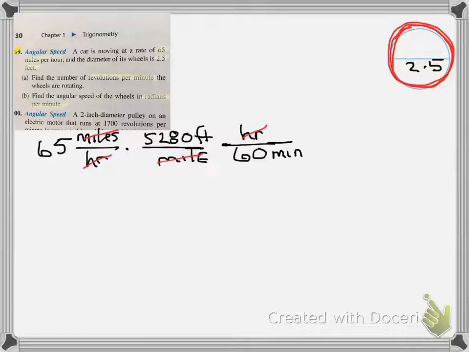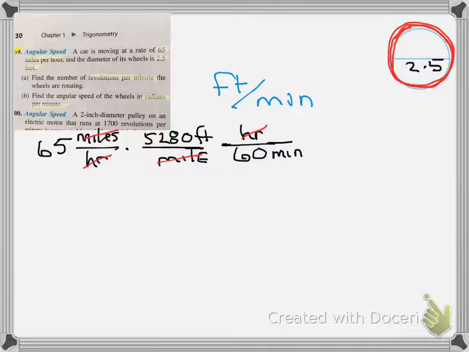Both of those are per minute, which is what I have, so the minutes is great in the denominator. But I don't want feet. I want that to become either revolutions or radians. So I need to figure out how radians and feet are connected, or how revolutions and feet are connected.